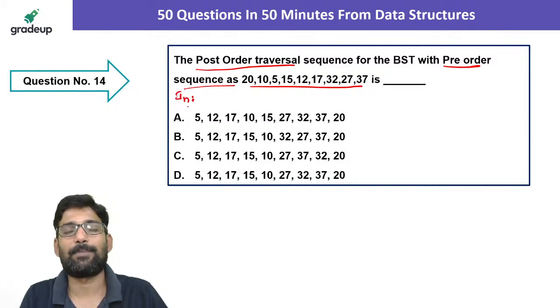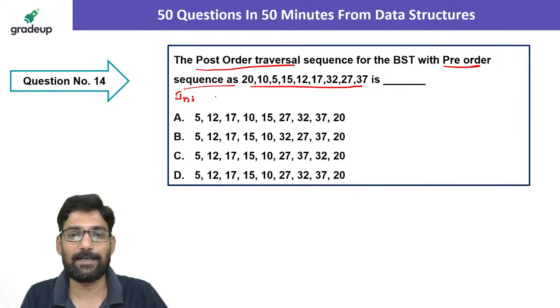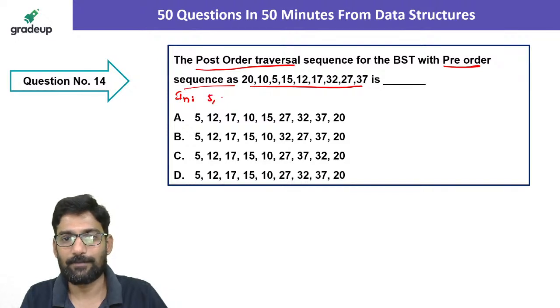In-order sequence for BST is always in the ascending order. So 5, 10, 12, 15, 17, 20, 27, 32, 37.